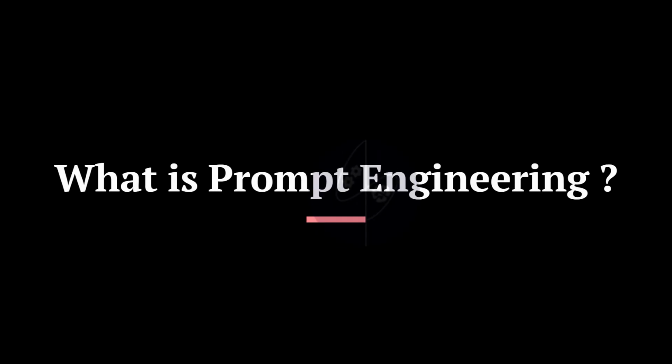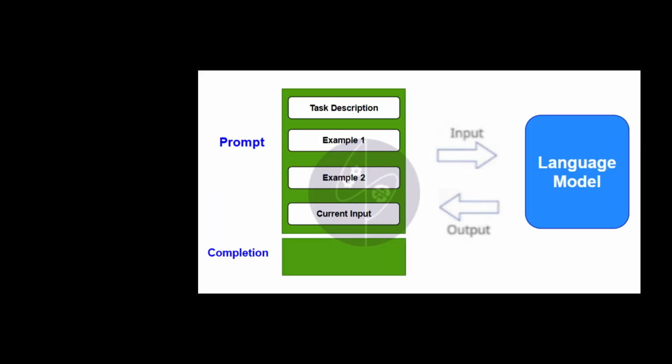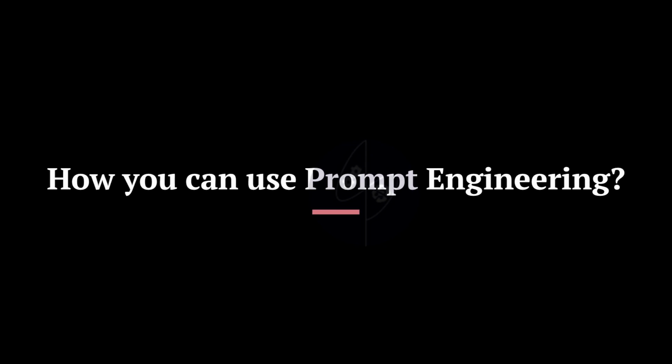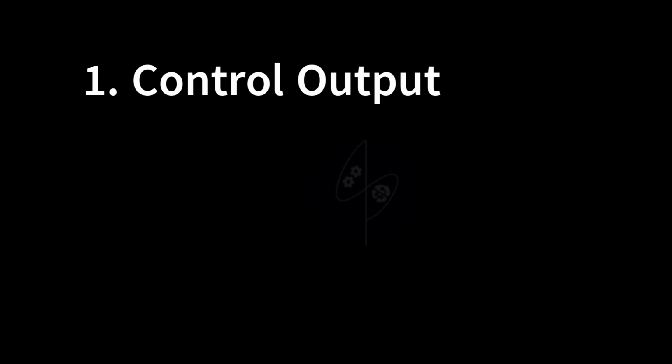Now let's discuss what is prompt engineering. Prompt engineering is the strategic process of formulating prompts or instructions that influence the output of a language model, such as ChatGPT. It empowers users to shape the generated text according to their specific requirements and preferences. How you can use it? You can use prompt engineering to: 1. Control output.